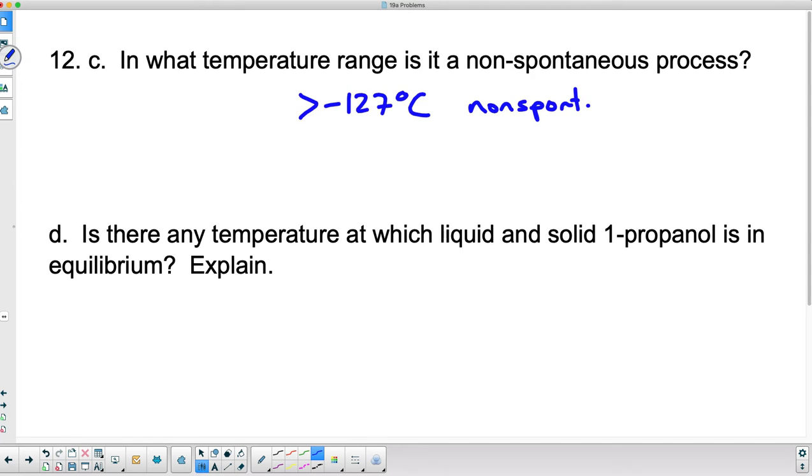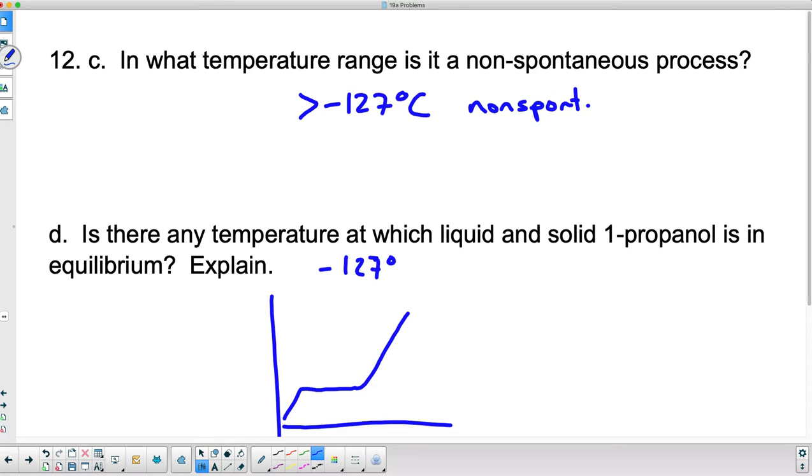Is there any temperature at which liquid and solid 1-propanol is in equilibrium? Once the substance is at its melting point, that means that it exists. If you remember what the cooling curve looks like for water, it comes up and then there's a place where it levels off and then it continues up again.